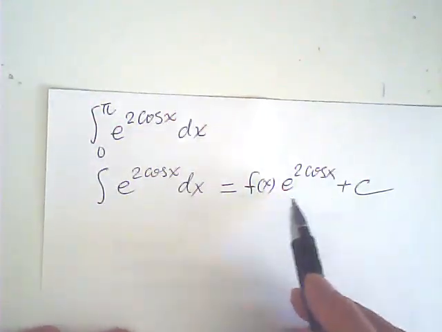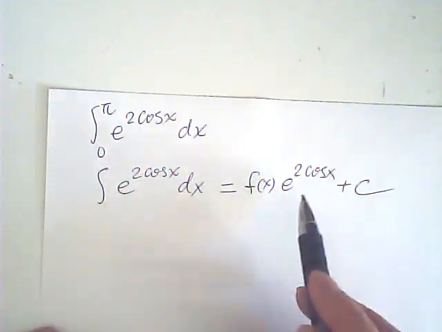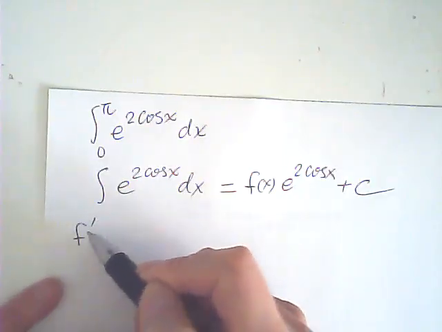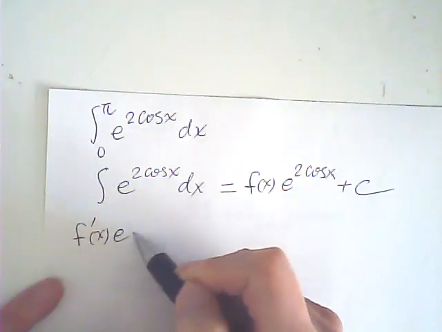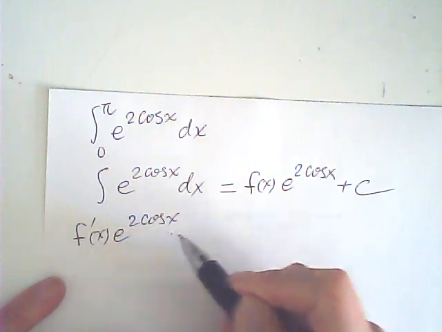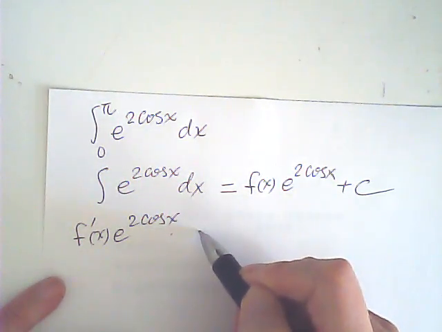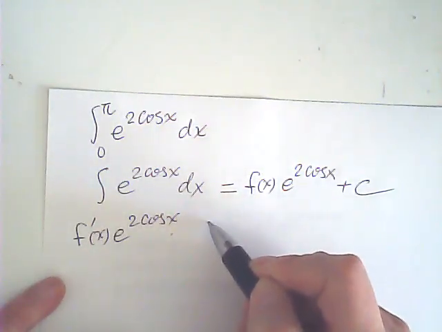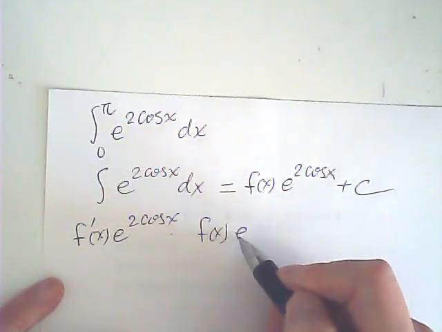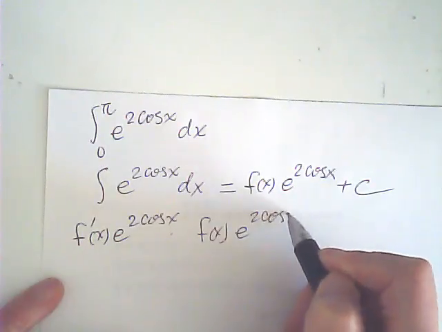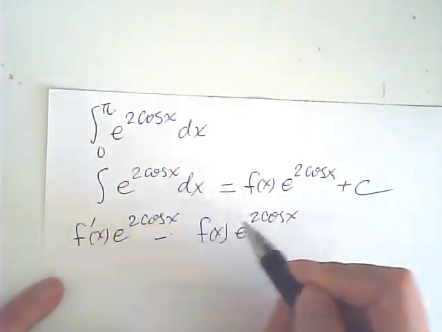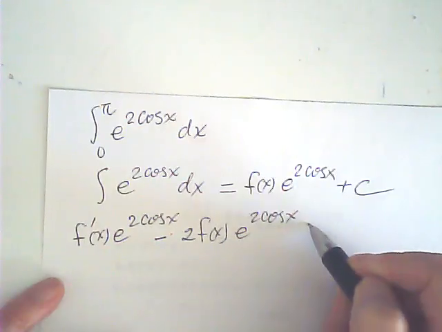Now if I differentiate both sides with respect to x, the right hand side will be f prime of x times e to the 2 cosine x, plus f of x times this derivative, which is e to the 2 cosine x times negative 2 sine x.